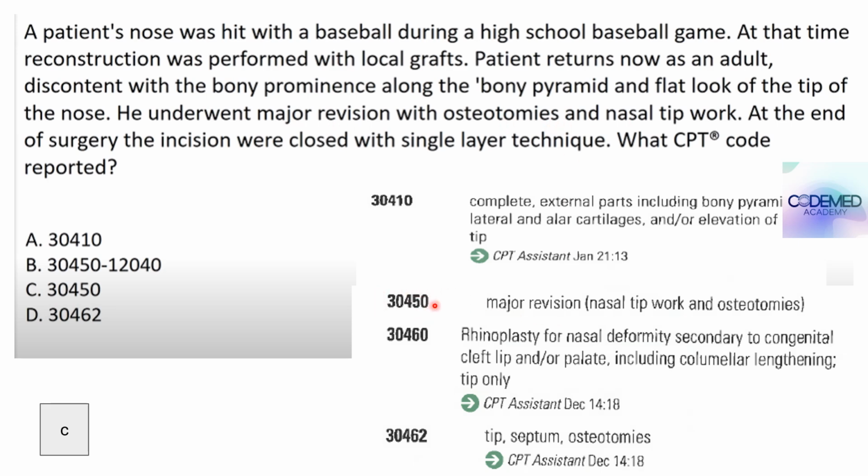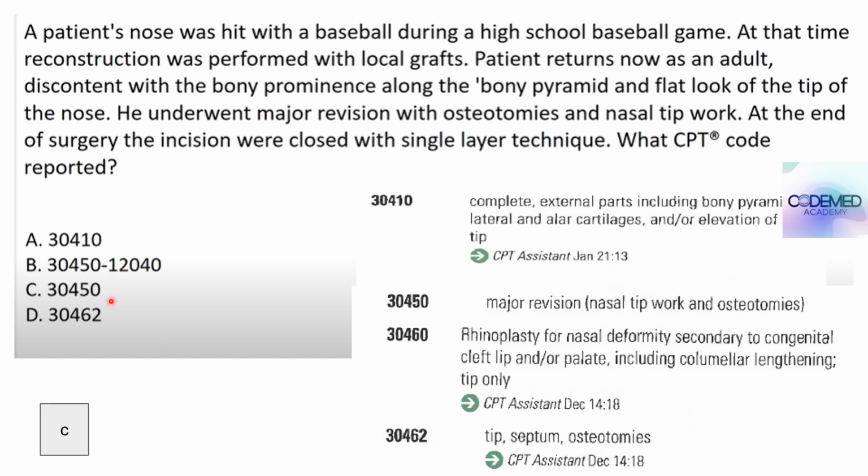So we will require code 30450. 30462 is also a rhinoplasty code, but it talks about rhinoplasty when it is done secondary to a congenital cleft lip problem. That is, you will do that rhinoplasty whenever the deformity is because of the congenital problem. So we will definitely not require that code.